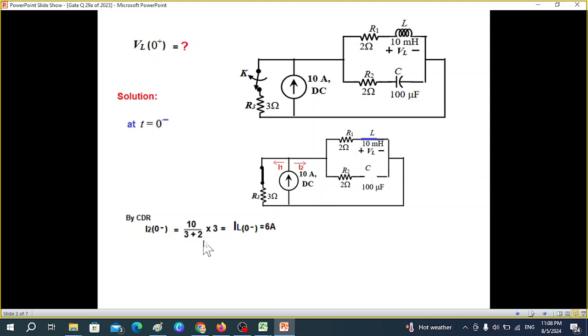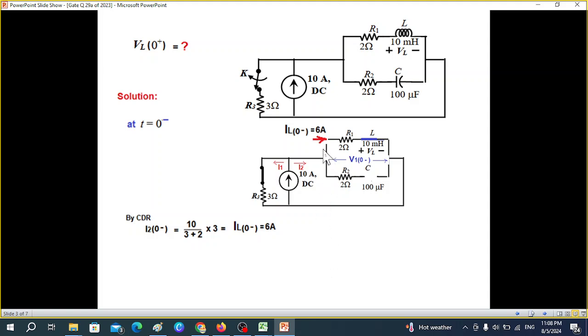So total resistance is 5 multiplied by the opposite arm. So we want to find current in this. Therefore, we have to use the resistance of the opposite arm, which is 3. And that means IL(0-) will be 6 ampere. So this we have noted down, 6 ampere.